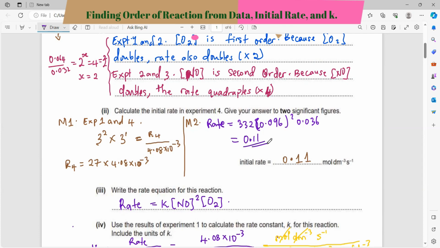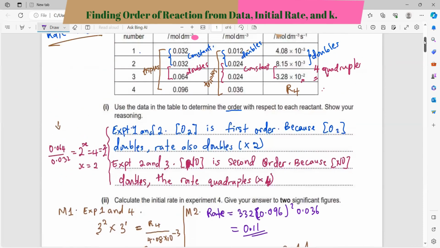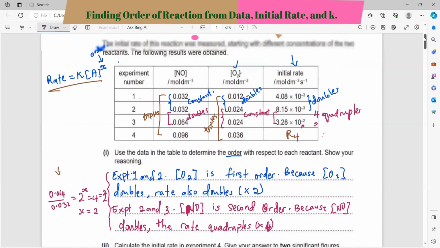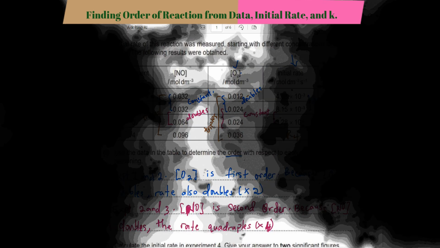All right, so that is that about that question. We've used two ways to calculate one of the initial rates, and we've also looked at how to determine the order of a reaction from your table, from your data or values of concentrations and your initial rates of reaction.